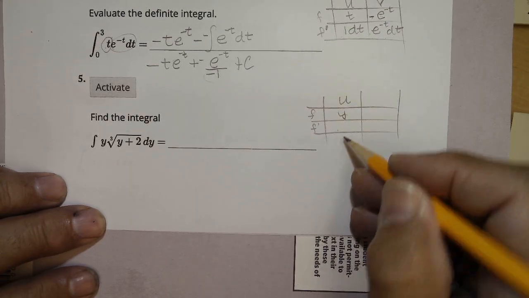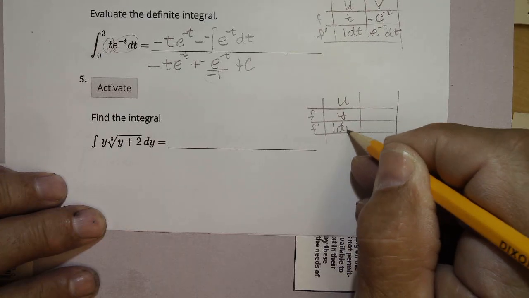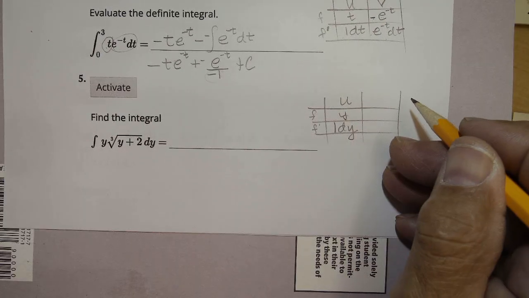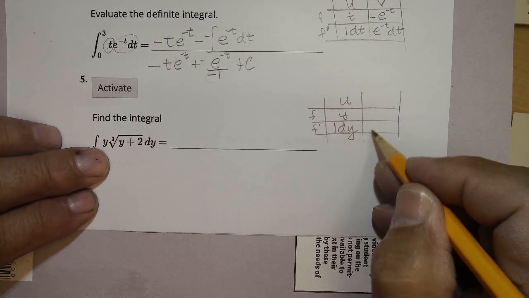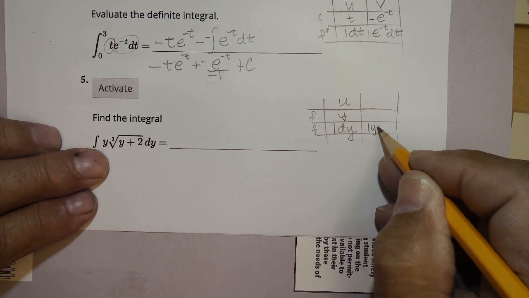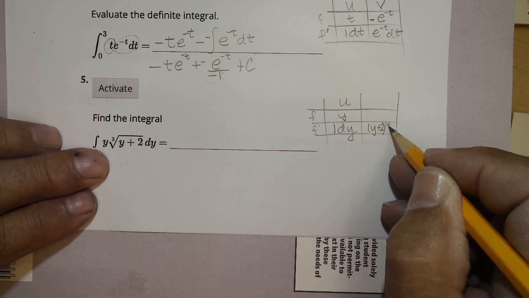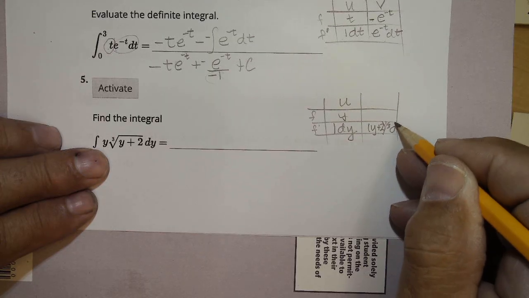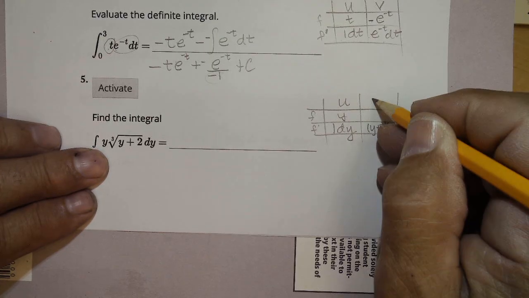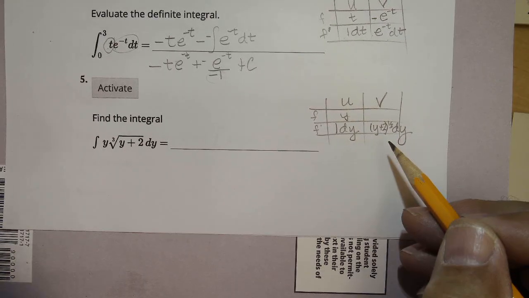In fact, the derivative of y would be 1 dy. And if I put the rest here, y plus 2 to the 1/3 power dy, I'd have to figure out the antiderivative of this.